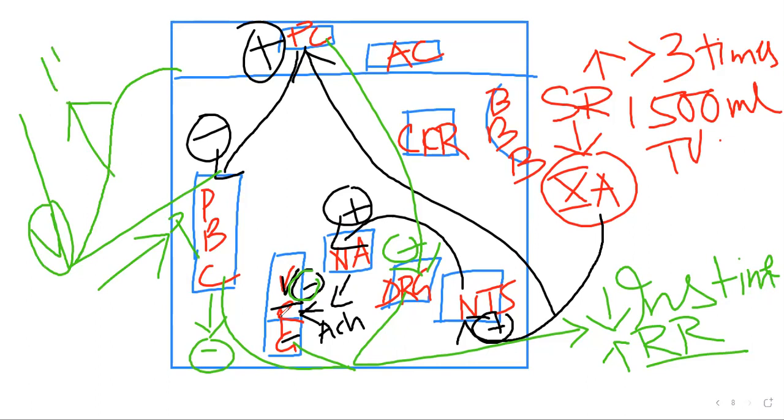So this is all about our Hering-Breuer inflation reflex, where, due to more inflation of the respiratory system during severe exercise, it will decrease the inspiratory time, and the respiratory rate or respiratory drive will be more, leading to more oxygen coming inside the lung, and the lung will operate at the steep part of the curve.